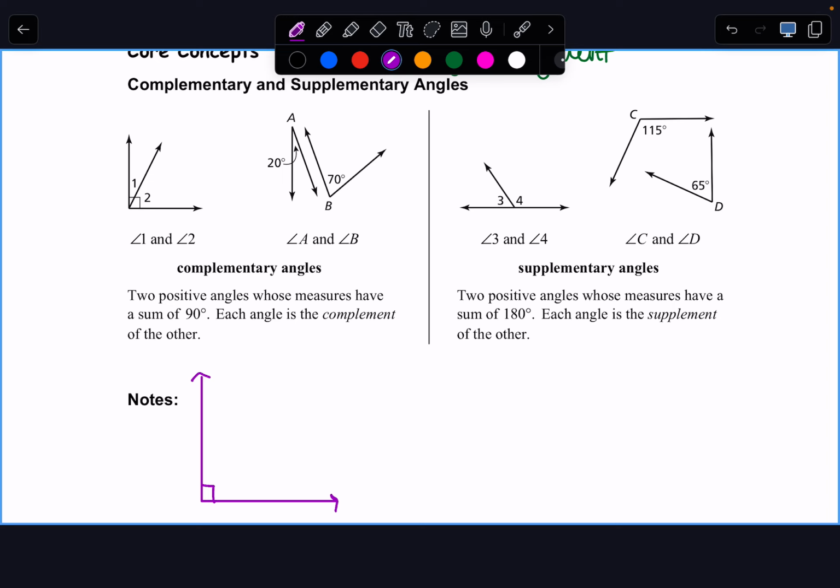Okay? So if we have a picture that looks like this, how do we find the measure of angle 2? Oh, wait, I need to give you more than that.